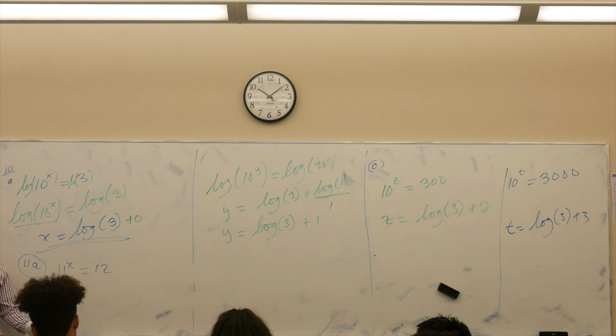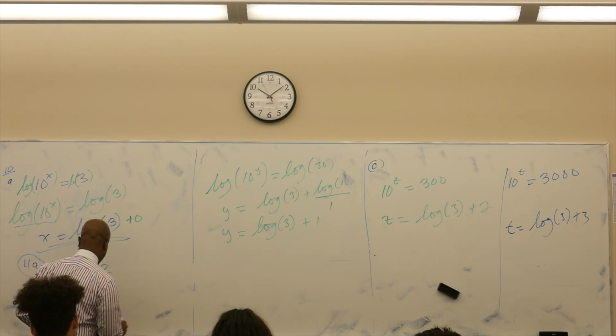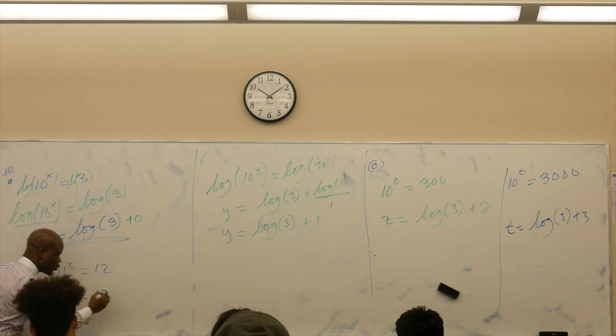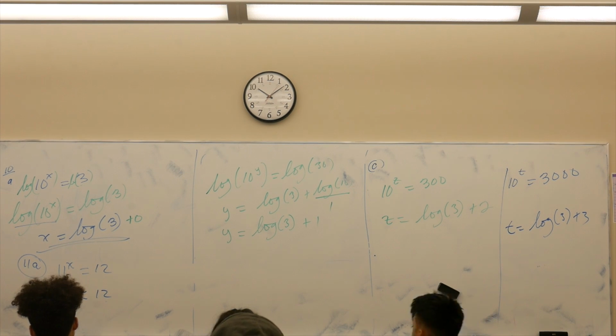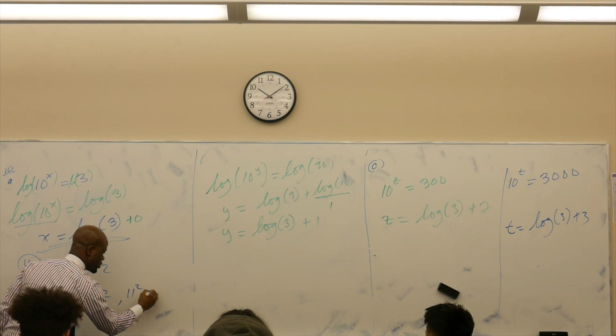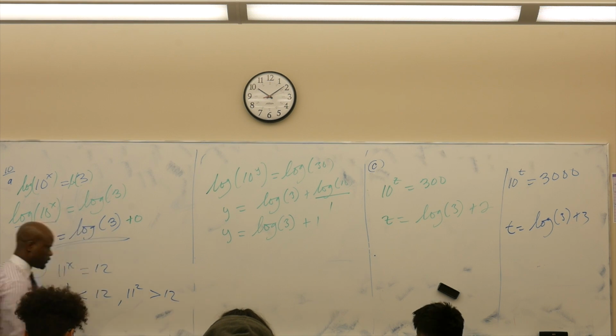You see that? So another way to write this is to say, well, 11 to the 1 is less than 12, right? Correct? 11 squared is bigger than 12.